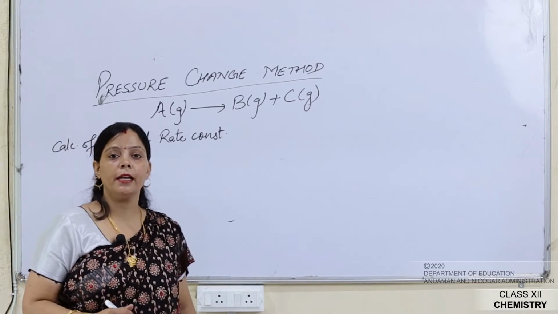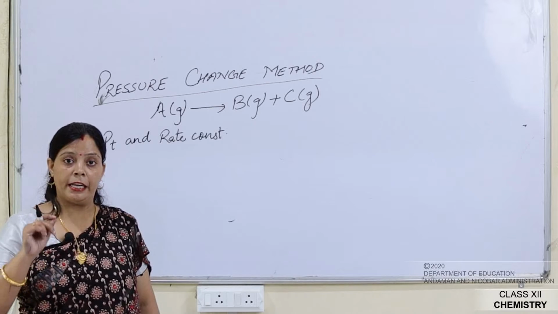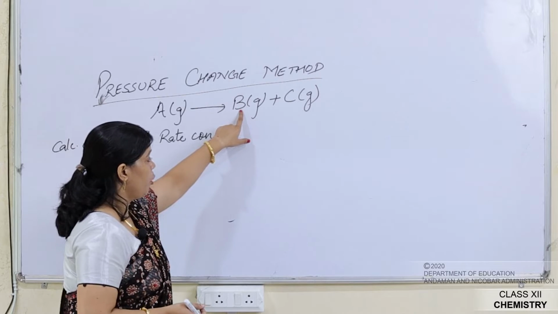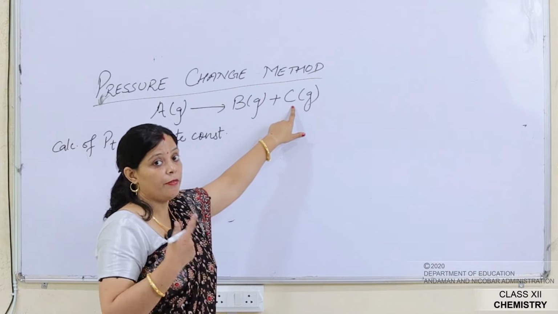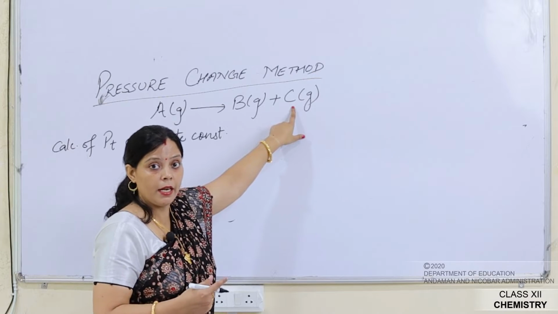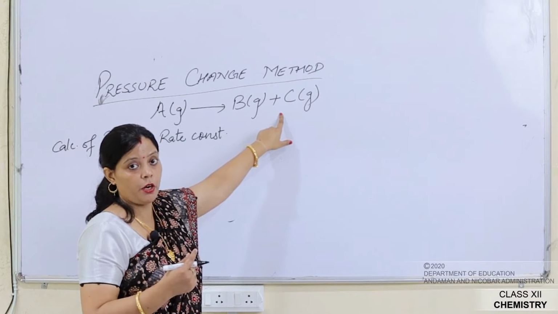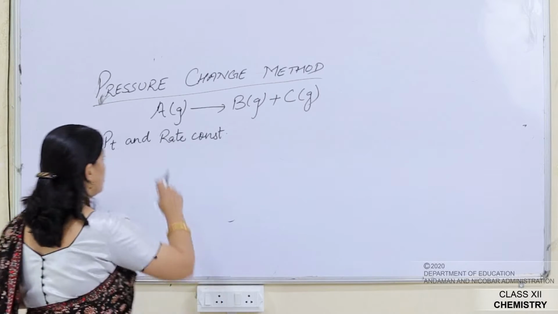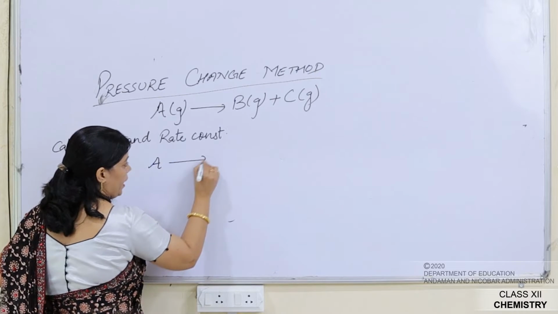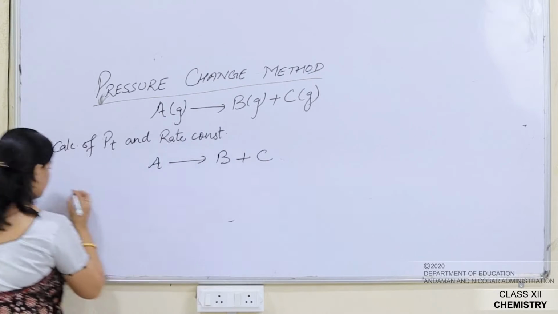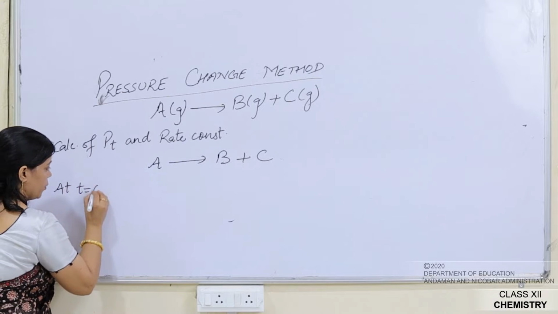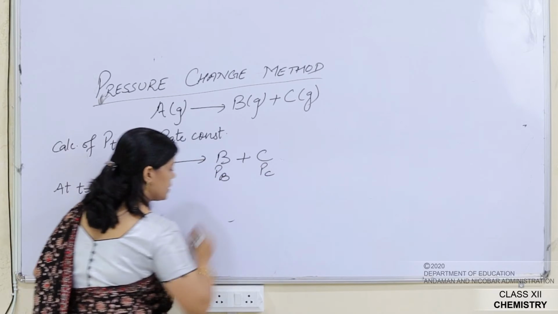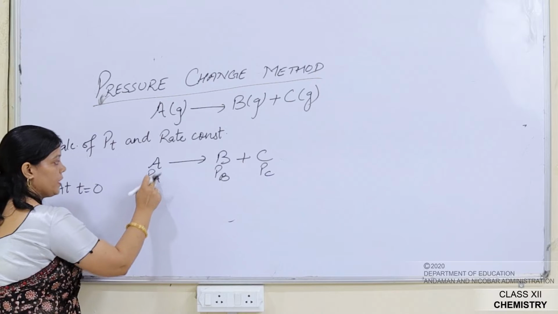First we assume that x atmosphere is the decrease in the pressure of A, and 1 mole of B and 1 mole of C will be formed during the reaction, so an increase in the pressure of B and C by x atmosphere each will be observed. For A giving B and C, at t = 0, what is the pressure of A, B and C?